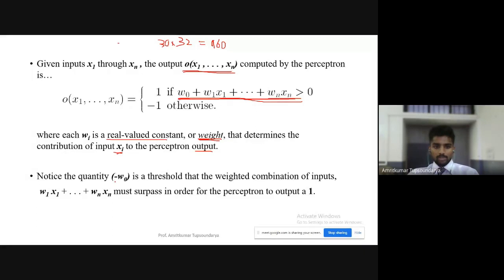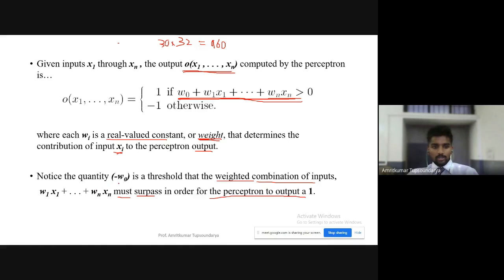Now, one important thing to notice here is the quantity minus W naught. What is this minus W naught? Minus W naught is the threshold that the weighted combination of the inputs, that complete linear combination like W1 X1, and so on till Wn Xn, should surpass in order for the perceptron to output 1.